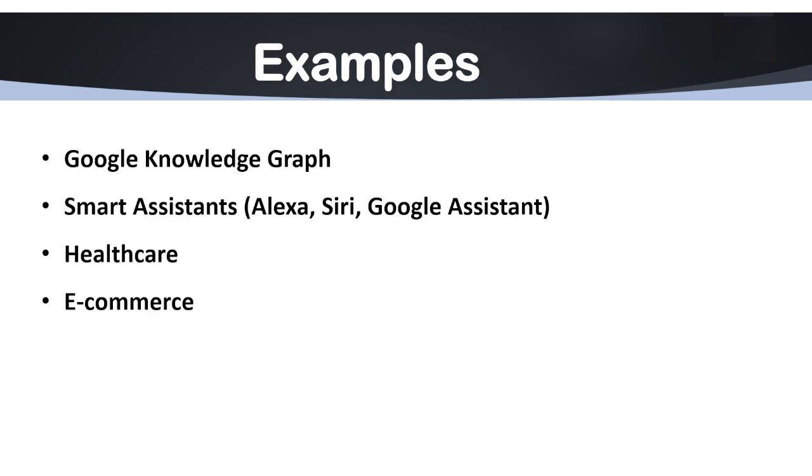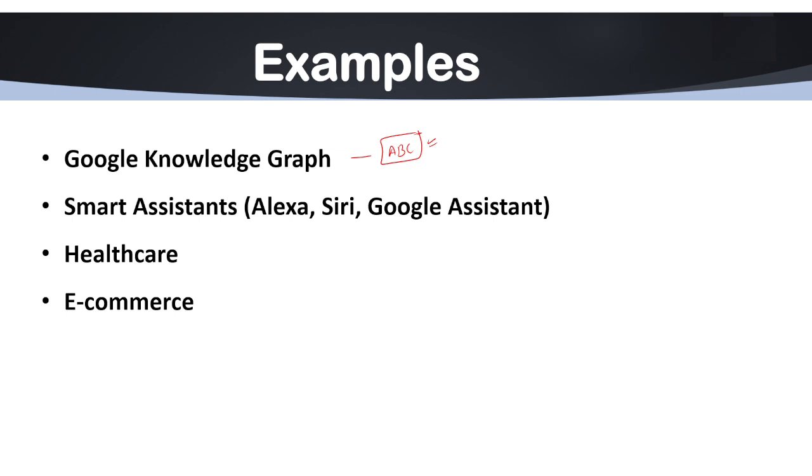We have some other examples like Google Knowledge Graph. When you search for any name of any Bollywood actor, you can search for any name of any president, right?